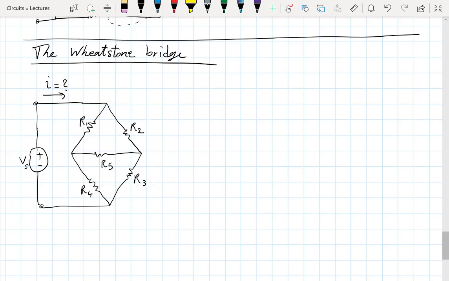So anyway, this circuit we can analyze in multiple ways. What's particularly interesting about this bridge is this.